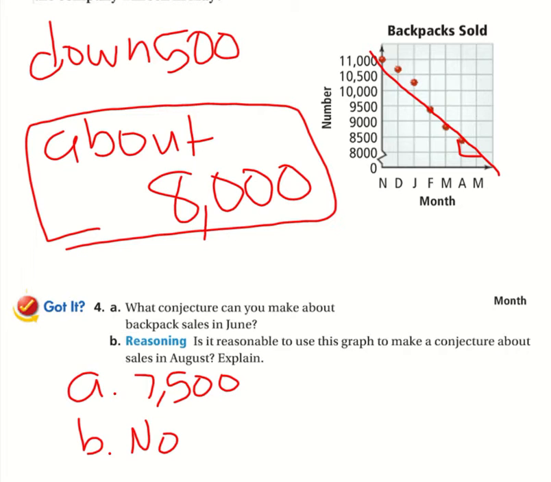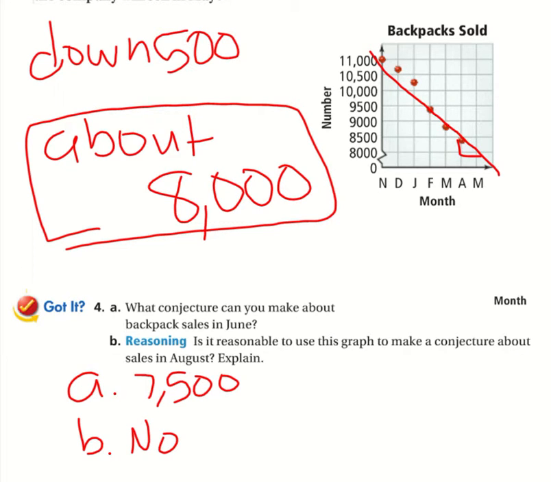The reason why is that in the U.S., as long as this is a graphic about the U.S., schools get back in session in August and September. And in August and September, if you walk into any of your local Targets, Walmarts, any store like that, there are backpacks everywhere that they are trying to sell. So in August, I would assume that the sales are going to increase dramatically from the rest of this pattern.